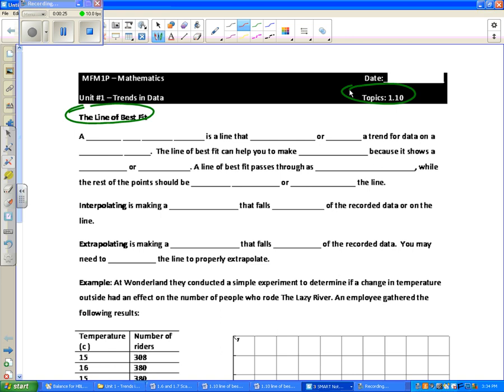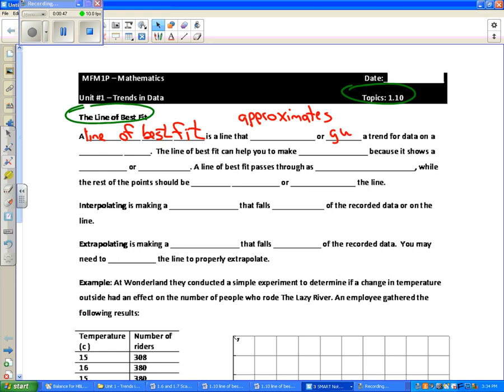First of all, let's fill in our blanks. A line of best fit is a line that approximates or guesses a trend for data on a scatter plot.